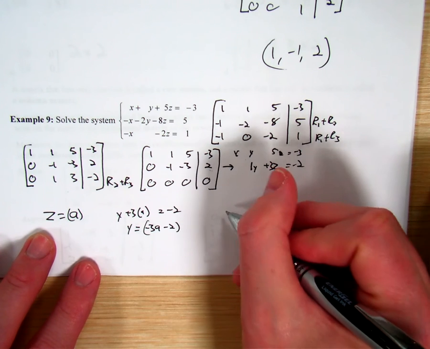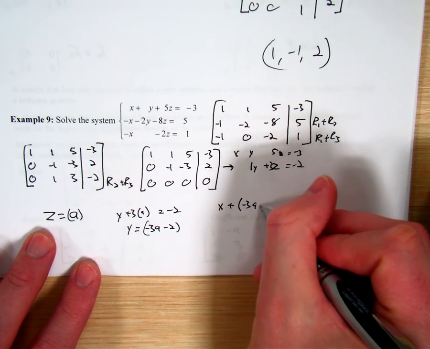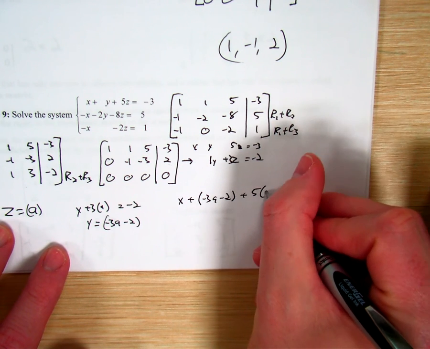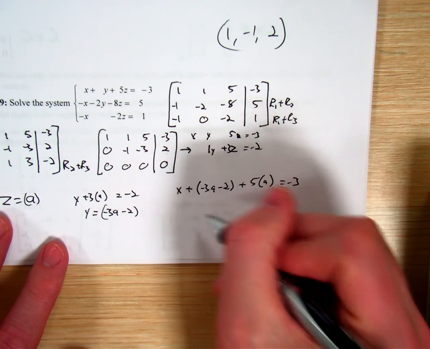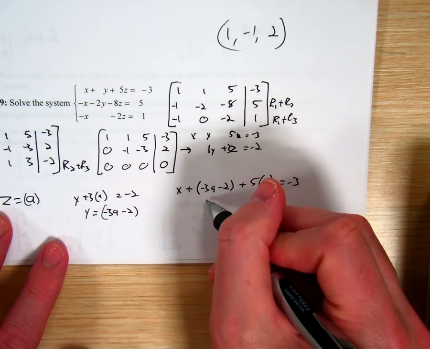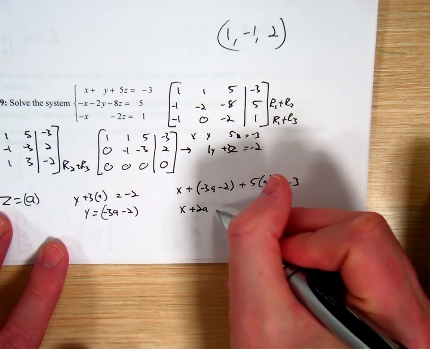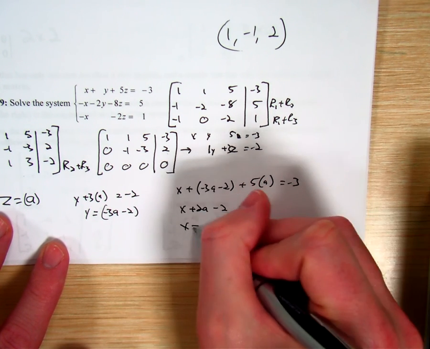And then all up here for x plus y plus 5 times z, which was a. So we've got minus 3a plus 5a. That's going to be plus 2a minus 2 equals negative 3.